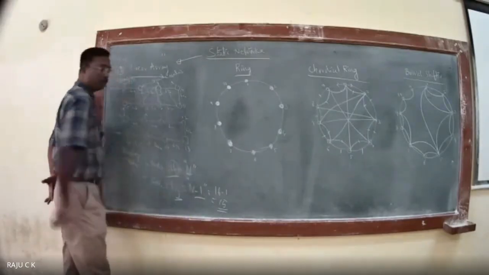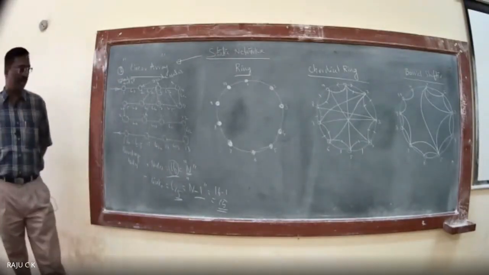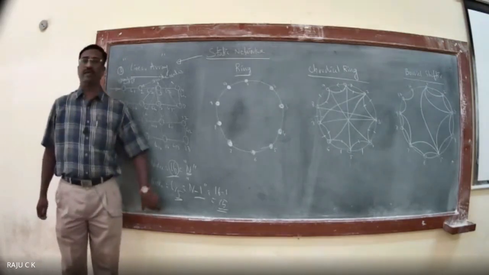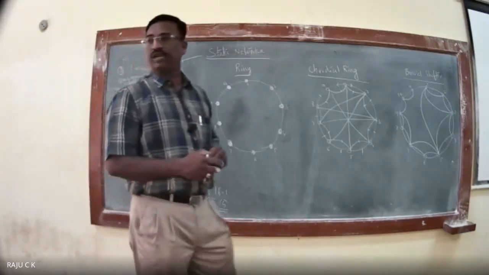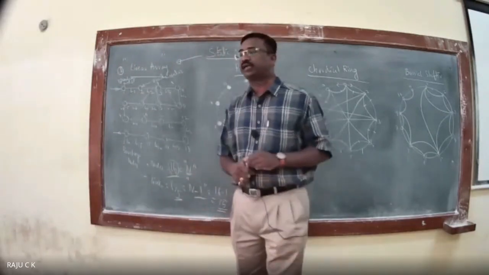Where n is equal to 16, the number of links is n minus 1, equal to 15 links in the case of a linear array.